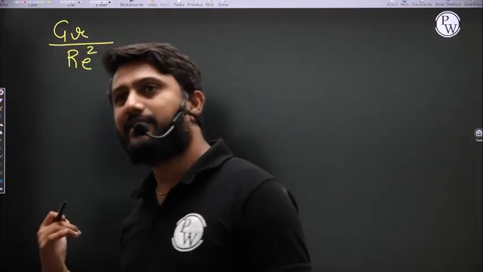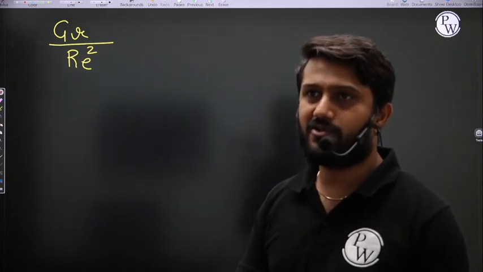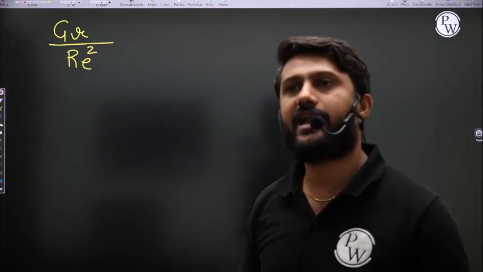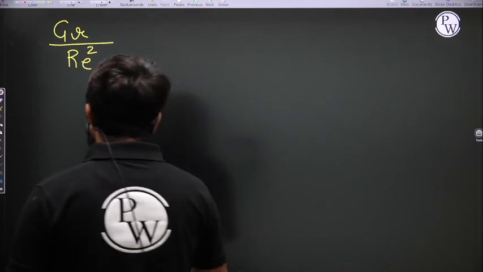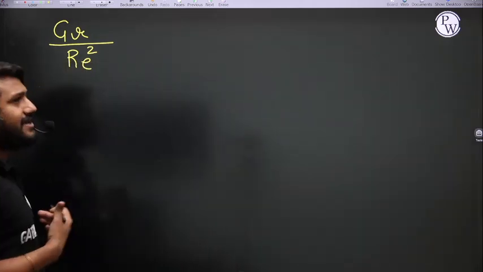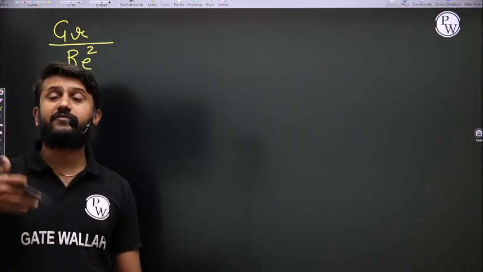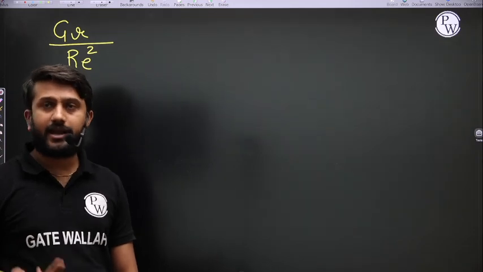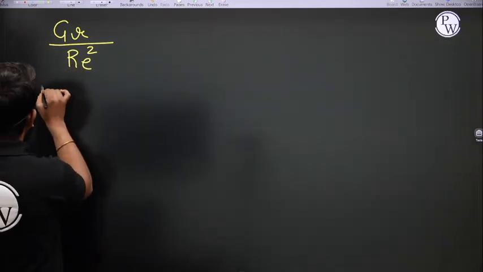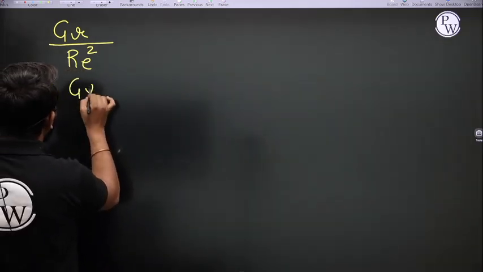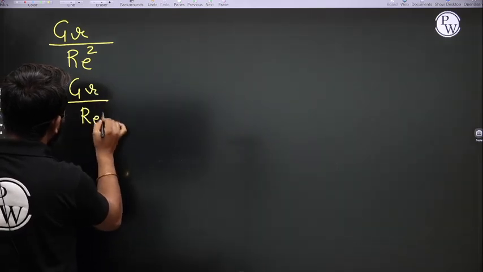But this is a very, very important dimensionless number, because it tells us which type of convection is predominant, right?